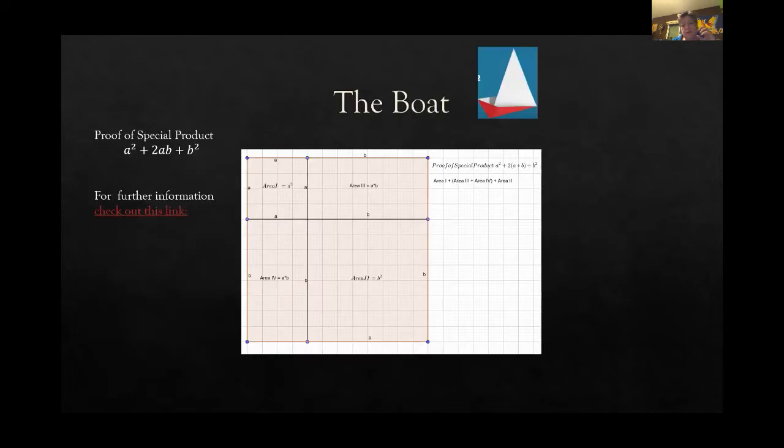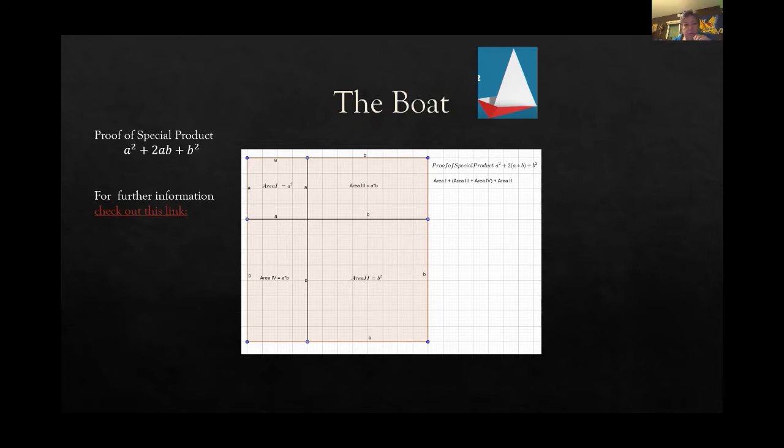The boat is the A plus B squared. And so as a product, this is A squared plus twice AB plus B squared. A little bit easier to understand because when you unfold the boat, it looks simple. It's just area 1 is the A squared, area 2 is the B squared, and areas 3 and 4 are the A times B, hence twice AB.